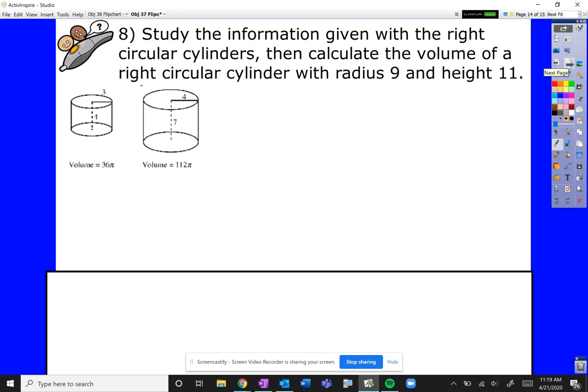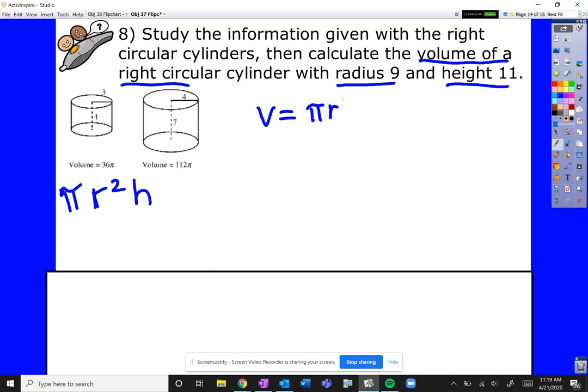Okay. Last one. Do the same thing. Again, we know the pattern. You take the radius and you square it and you times it by the height and you make sure you got a pi there. So we want to find the volume of a cylinder with a radius 9 and height 11. I told you guys, it's super formula heavy, and sometimes that's just what geometry is. It really is.